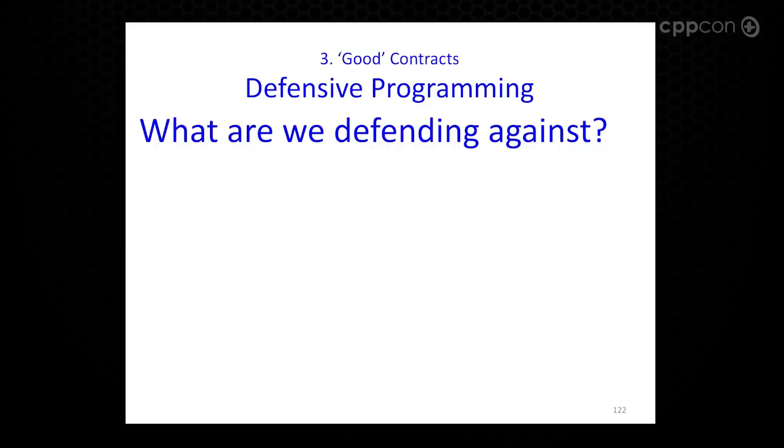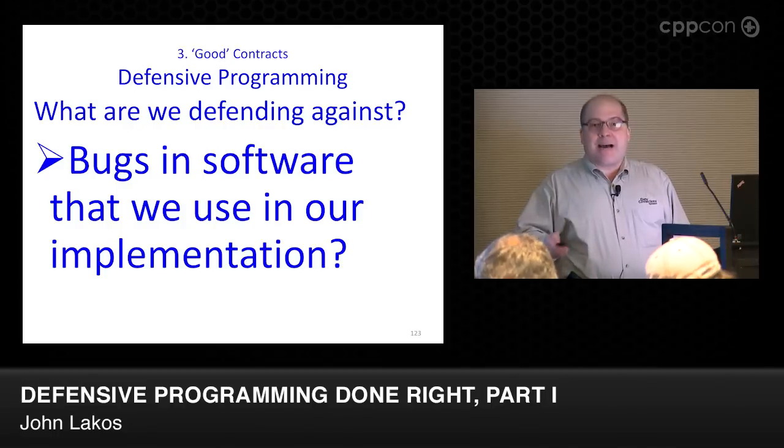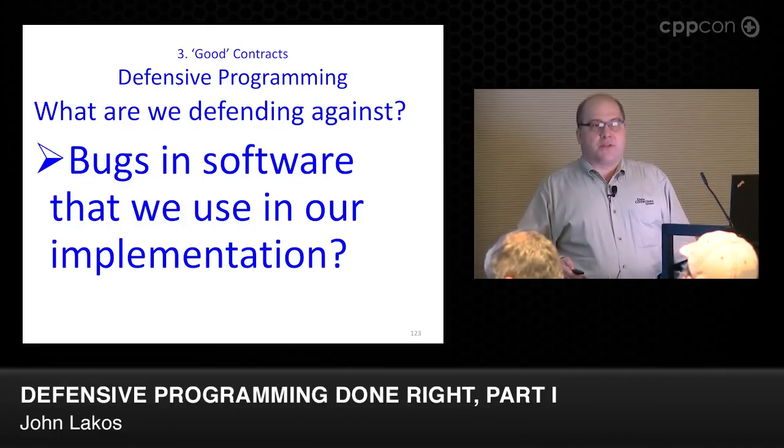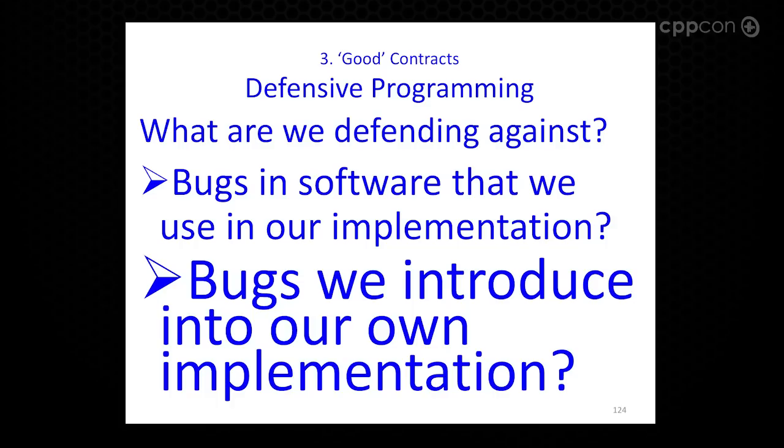Now, Marshall jumped the gun a little bit on me on this, but there are bugs in software that we use in our implementation, like ACE and Boost and Bloomberg's library distribution. Is that what we're defending against, the software we use, the standard library, the vendors? Is that what we're doing with defensive programming? Or is it maybe our own bugs that we introduce because we don't know how to program?